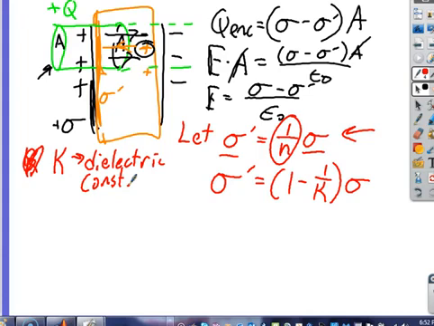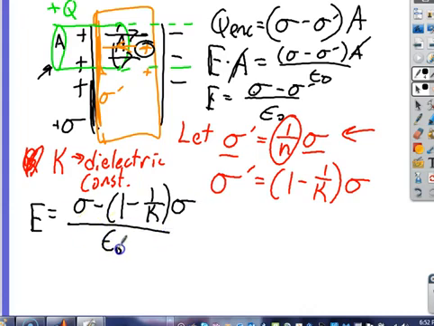So if I have electric field equals sigma minus sigma prime, which I've said is now just simplified down to 1 minus 1 over kappa times sigma, and I divide that by epsilon naught.